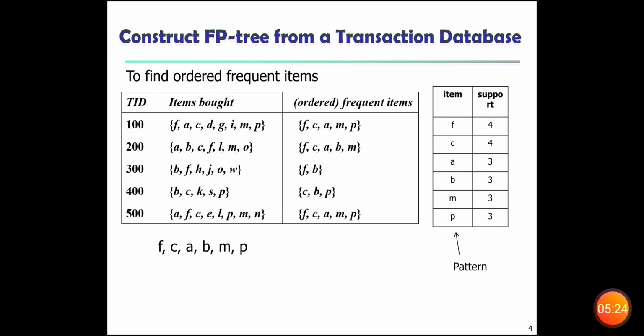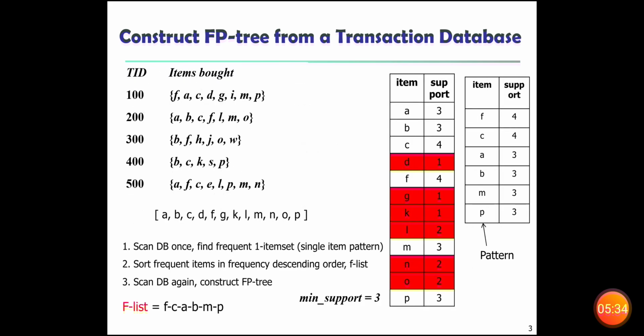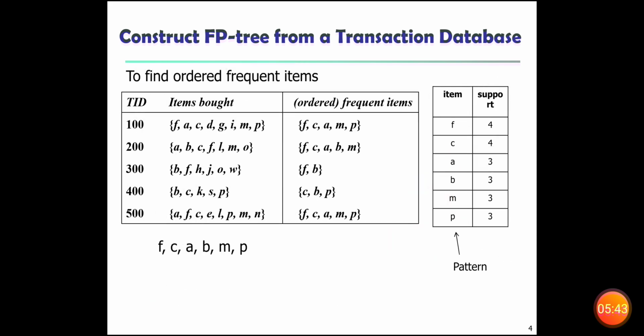With these items, we'll find the ordered frequent items. We already have F, C, A, B, M, P in the second table pattern. The same pattern is taken to find the ordered frequent items. The table down here gives F, C, A, B, M, P, the pattern found from the previous process.